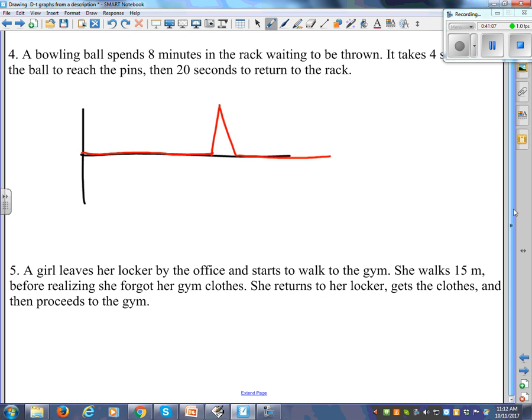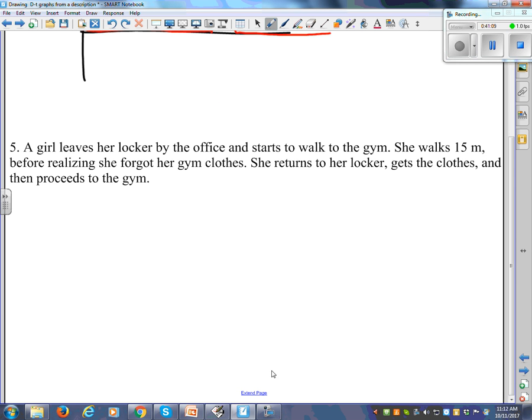Okay, a girl leaves her locker by the office, goes to the gym. She walks 15 meters before she realizes she forgot her gym clothes. Returns to the locker, gets the clothes, proceeds to the gym. 0 is the locker, is that what you said? And is the gym positive direction or negative? If you have to, just make it positive, it's easier. So walking to the gym is going to be constant speed, then what? Turns around? What would it look like? Would it be curved or would it be a peak? She would have to slow down, right?